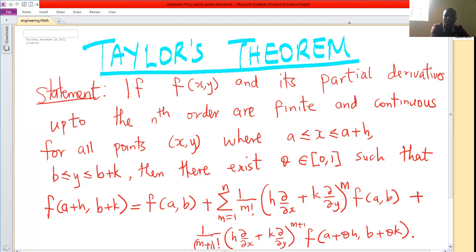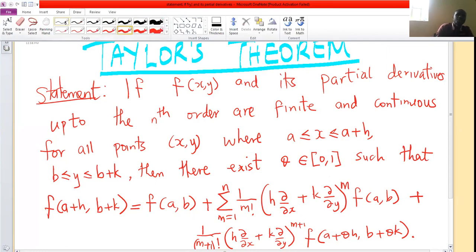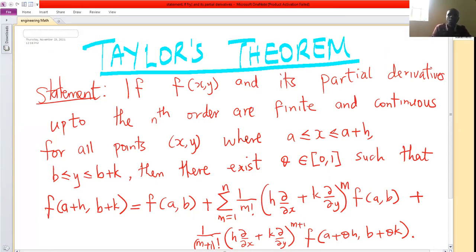and its partial derivatives up to the nth order are finite and continuous, for all points x, y, where x is between a and a plus h, and y is between b and b plus k, where this h is simply the change from the point x to the point a, and then this k is also change of y from the point b.